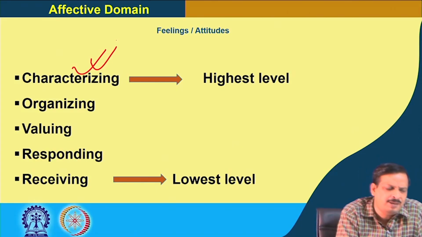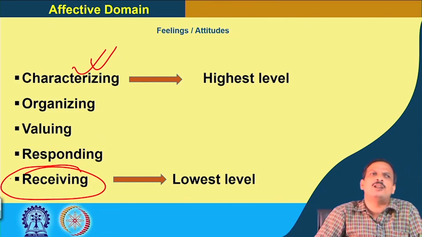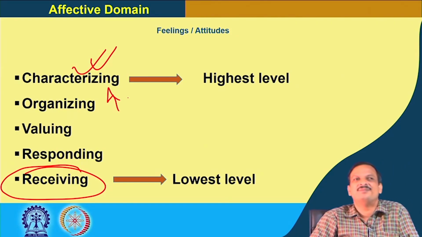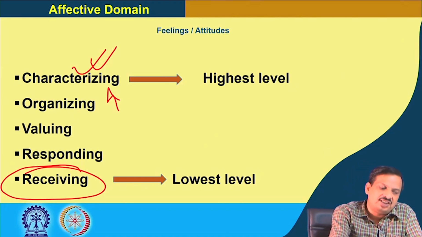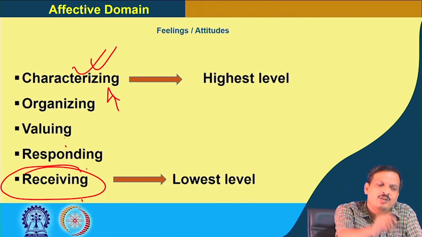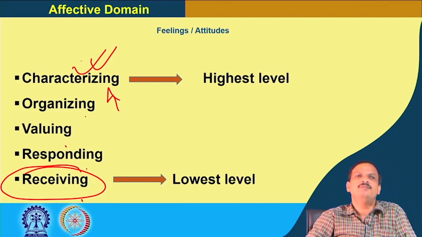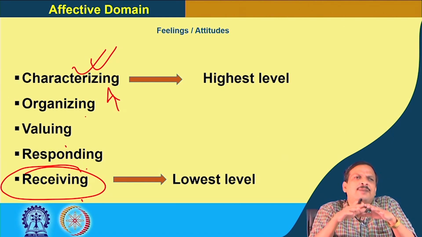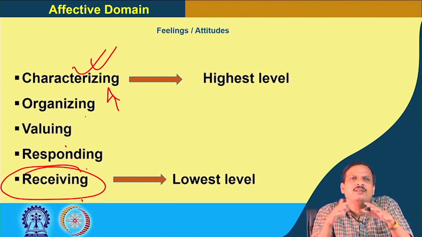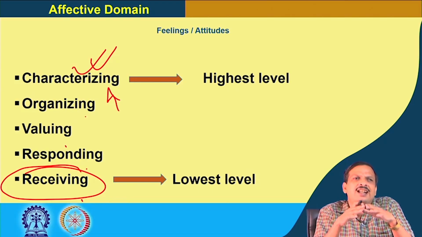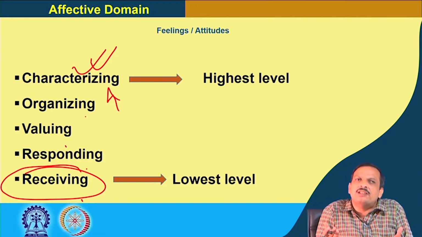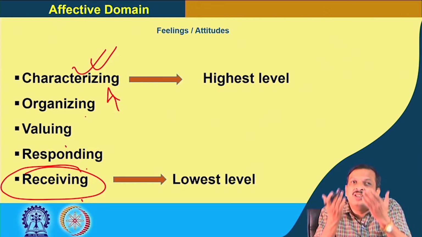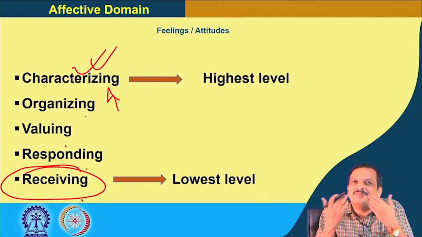So, only receiving does not develop the affective domain, I have to go further. So, how do you go? Receive, respond, valuing, organizing, characterizing. Suppose a chemical engineer wants to design a chemical plant in the heart of a city. On environment and sustainability, he has to be characterizing.